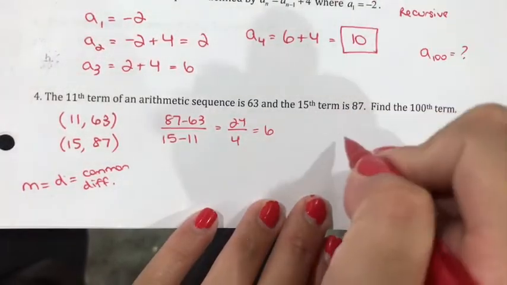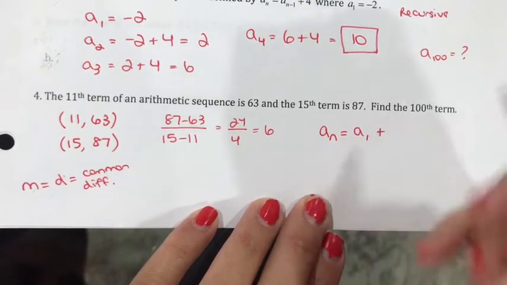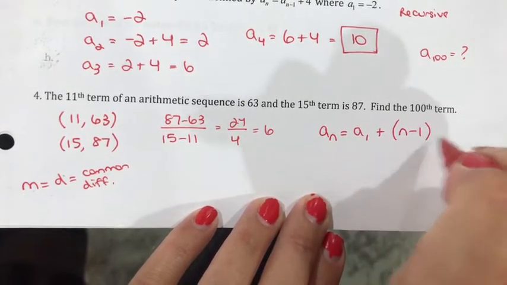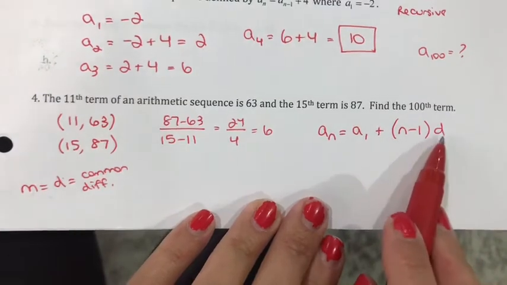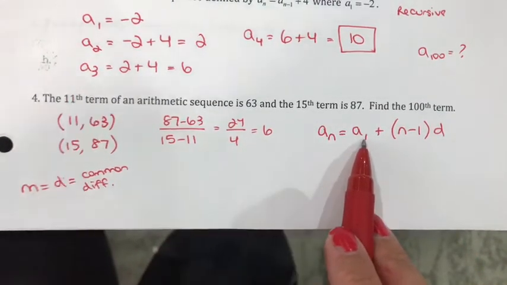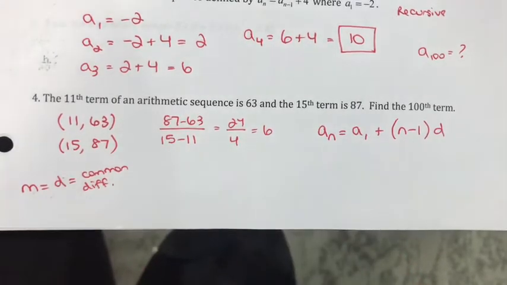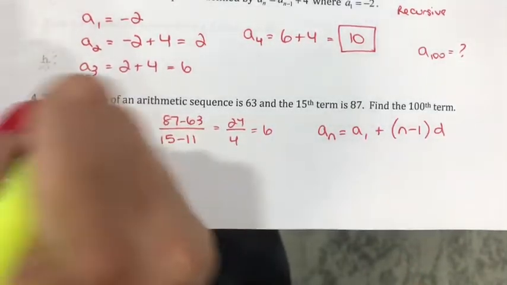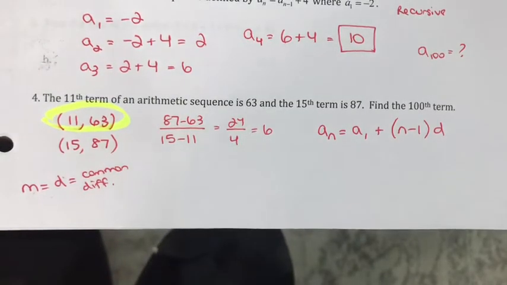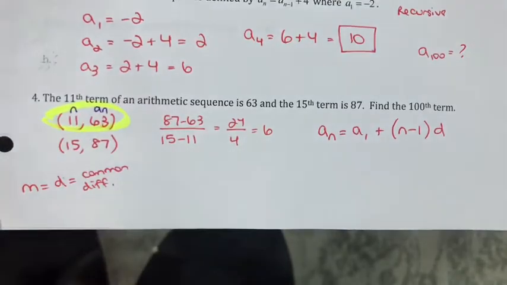Now, if I were to write out this formula, all I know right now is d. I don't know the first term, and that's a problem. So what I need to do is plug in one of these values. Okay, remember that this is n, this is a sub n.